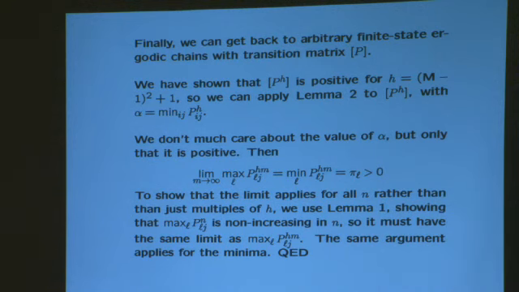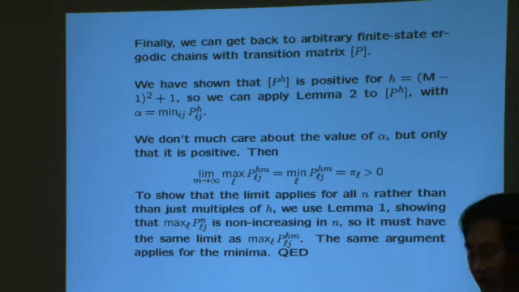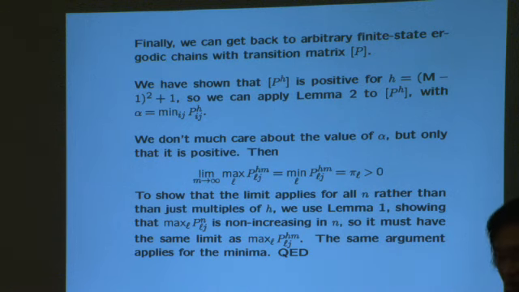But the fact is that we showed in lemma 1 that the maximum path from i to j in n steps is non-increasing in n. So the transition probabilities for the paths in between these multiples of h are going to be non-increasing in n.